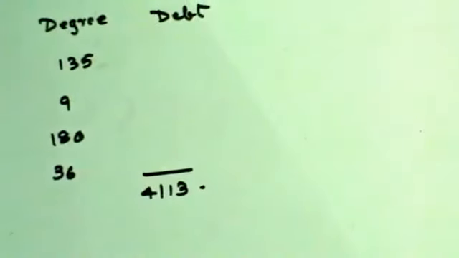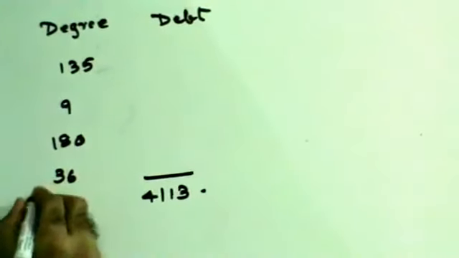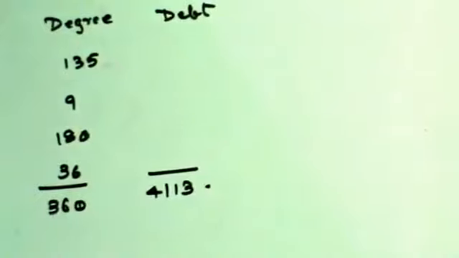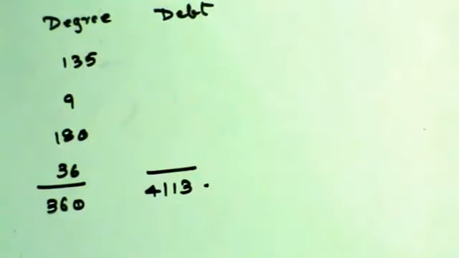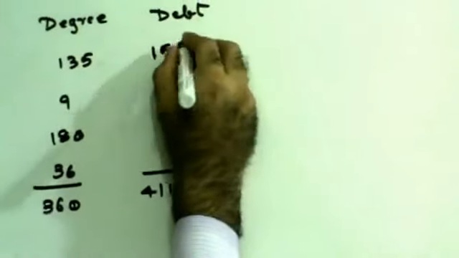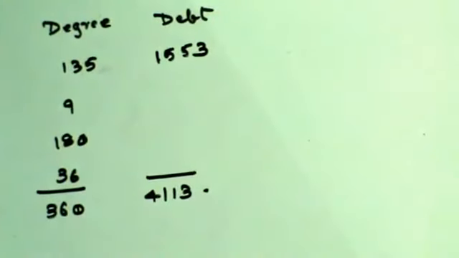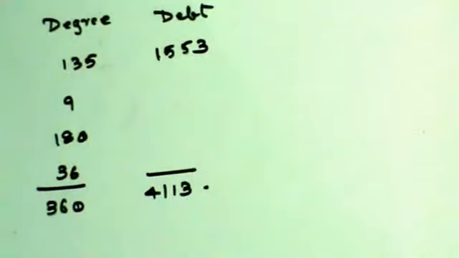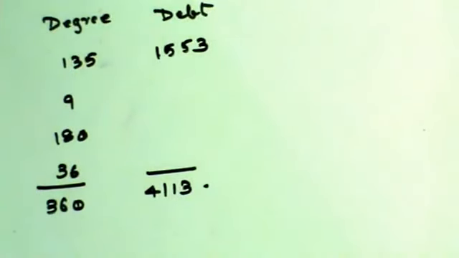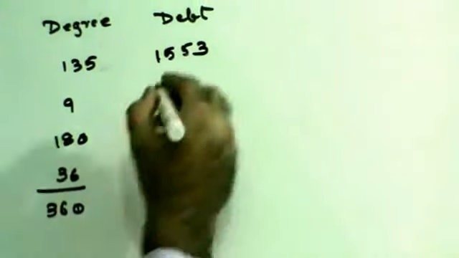Rupee loan is 135 degrees. So 135 divided by 360 into 4113 should give you 1553. Then small savings will be 9 divided by 360 into 4113, so small savings is going to be 103.